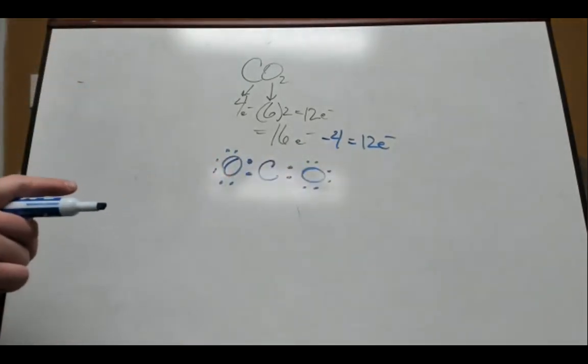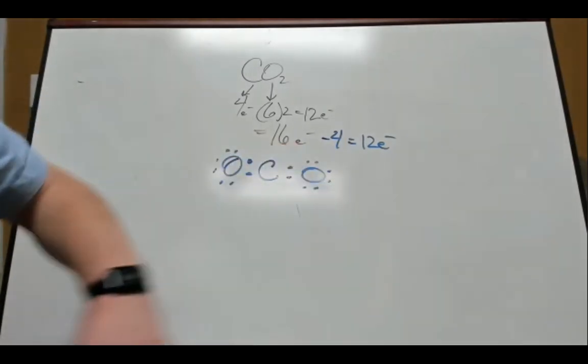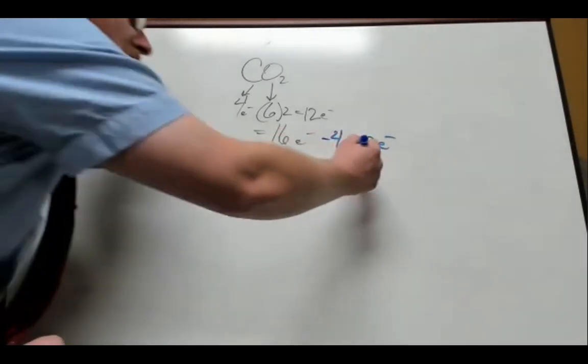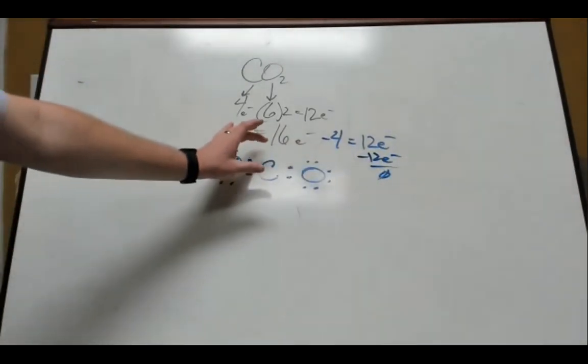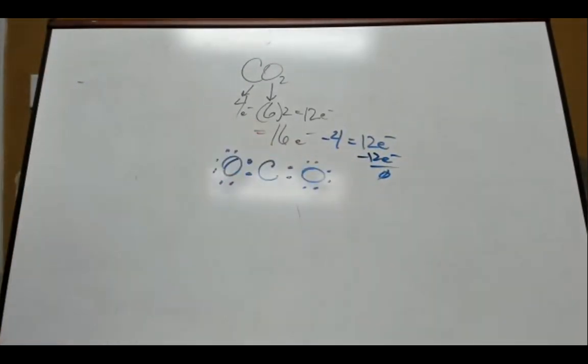And so we said that if everything is full and we've used up all our electrons, which we have, to where we can't put more electrons on the central atom, then we need to think about forming double and triple bonds, right?